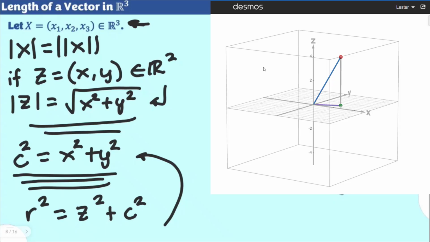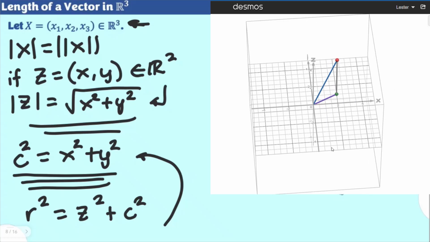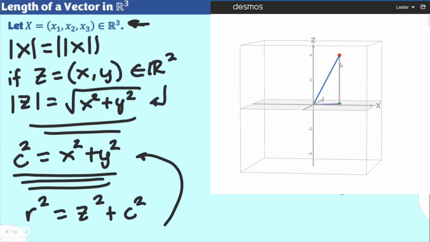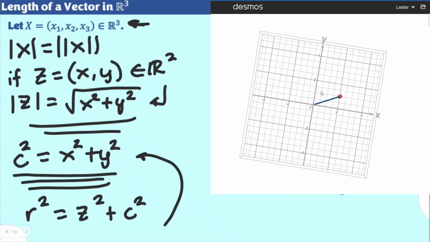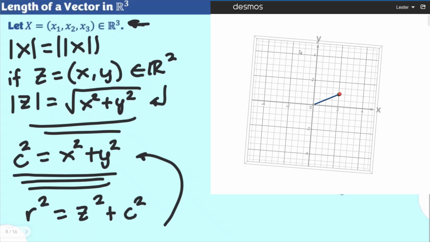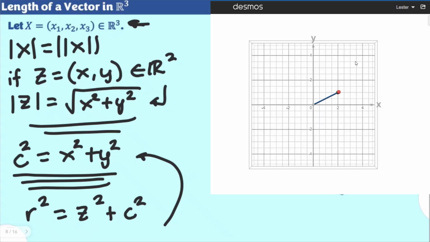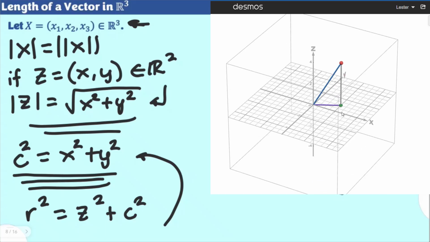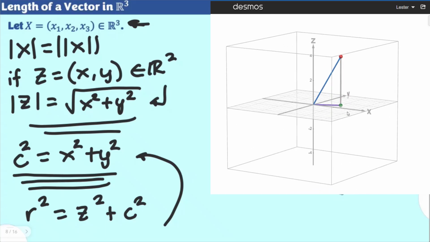Take note, we had this as part of our proof in illustrating that originally it was this blue colored line segment that corresponds to our vector. Looking at our xy plane, we can see that it's actually the hypotenuse with x and y being legs. That corresponds to your purple here. And looking at that in the z axis, we can see that that blue colored line segment is the hypotenuse of that c earlier and the z component.